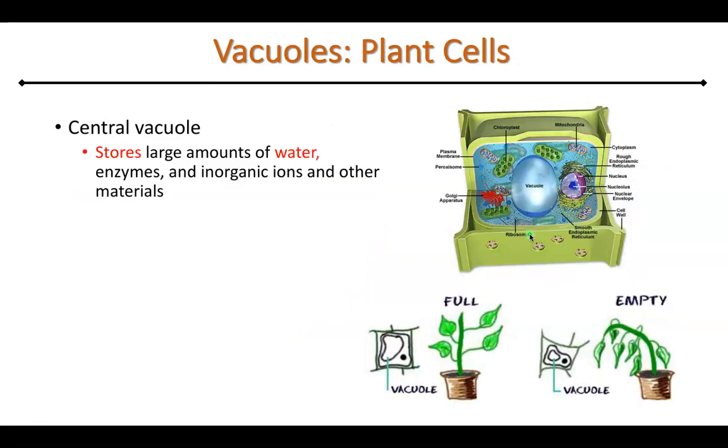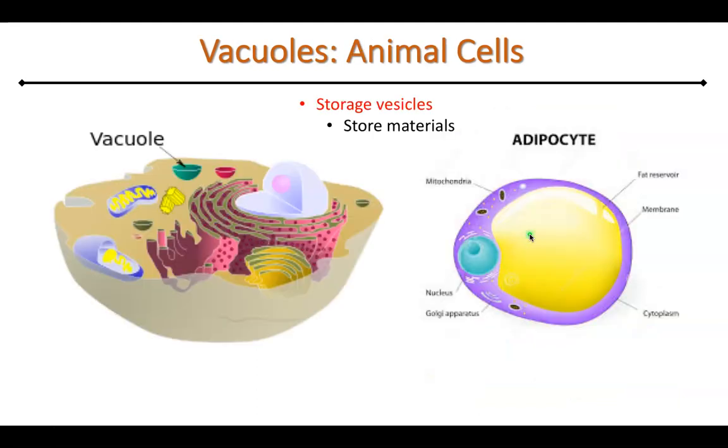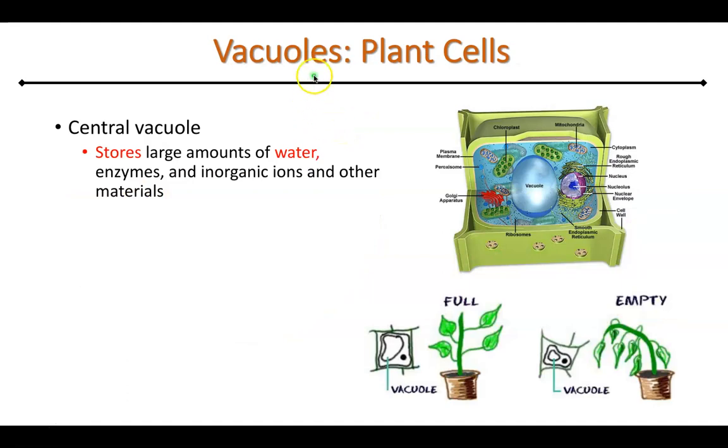With our plant cells, we have a central vacuole. Remember, in animal cells it's just storage. With plant cells, this vacuole in particular is called a central vacuole. A central vacuole does not store material, it stores water. Once you give your plant water, that central vacuole is going to plump up, like a balloon.